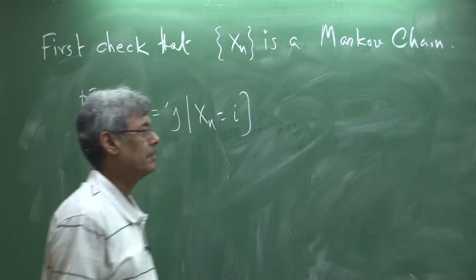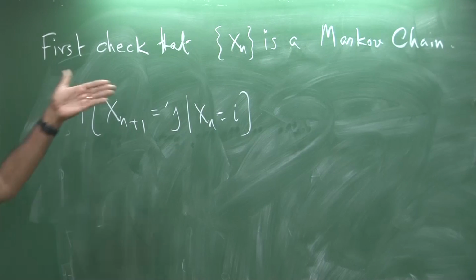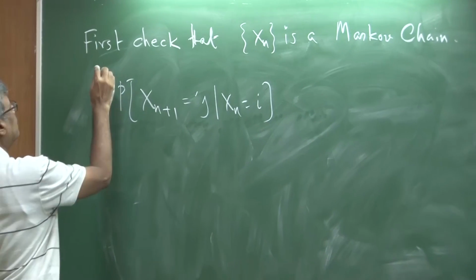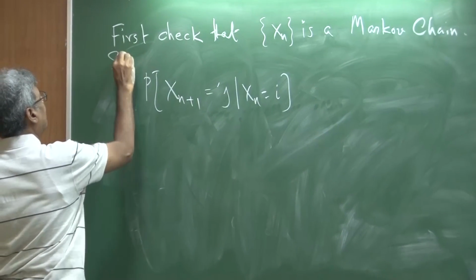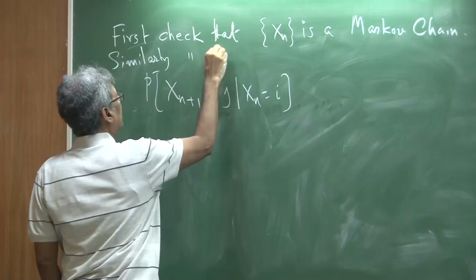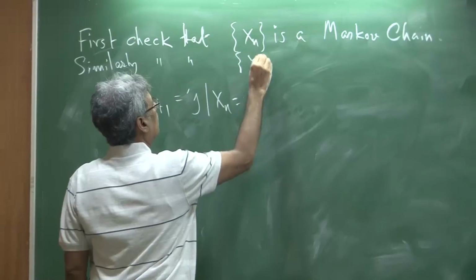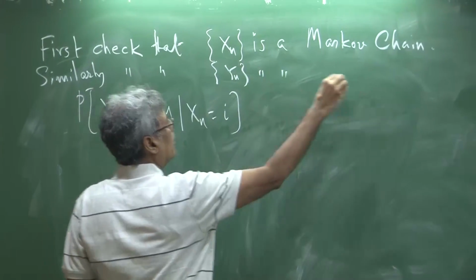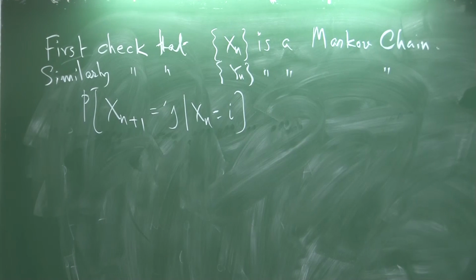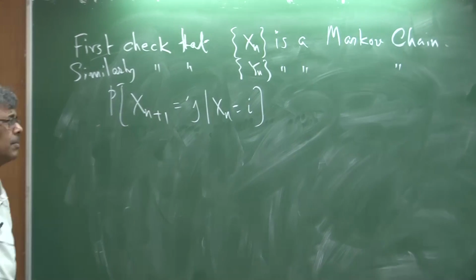And similarly, Yn is also a Markov chain. Check that Yn is a Markov chain. Both of them are Markov chains actually. So let's see what is going to happen.